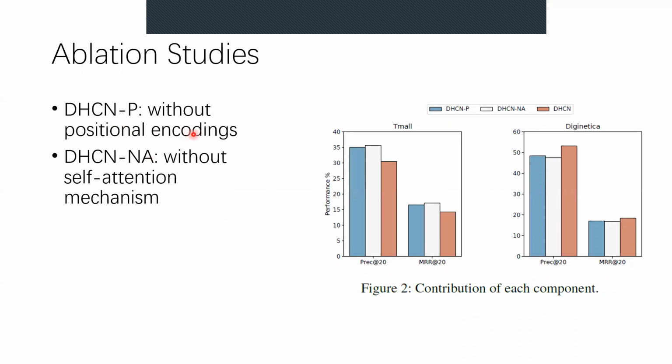The first one excludes the positional encodings, and the second one excludes the self-attention mechanism. You can see the results. Interestingly, in TMall, removing this actually improves the results. That's what the ablation studies say.